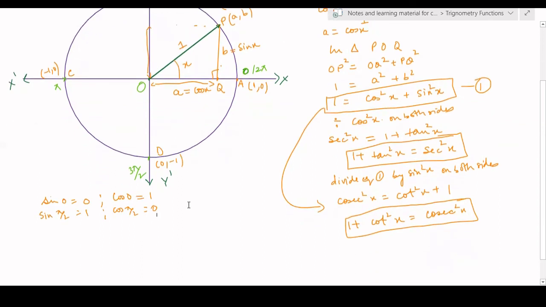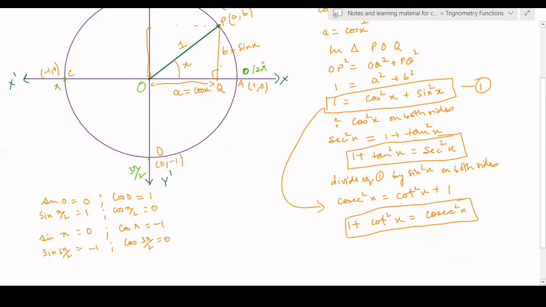Further, coming to pi radian terms, here my sin pi gives you 0 and cos pi gives us -1. Coming to 3 pi by 2 radian terms, our sin 3 pi by 2 gives us -1, whereas cos 3 pi by 2 gives the value 0.